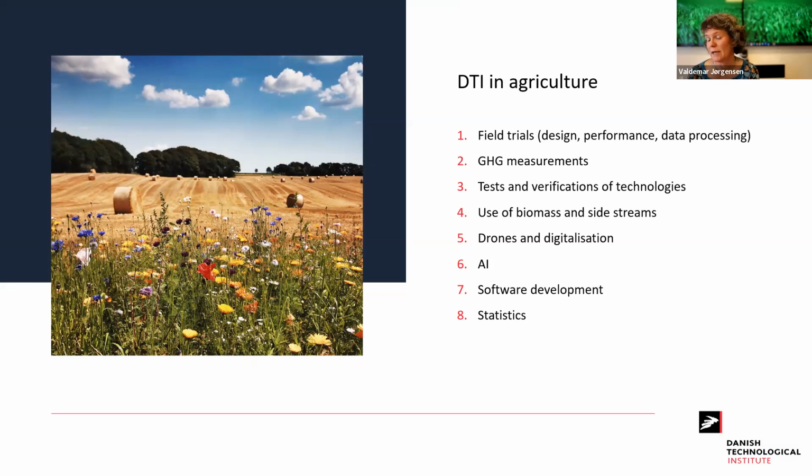We test and verify technologies, all different kinds, and in our research and development projects, we are very occupied with biomasses and the optimal use of side streams. Drones, digitalization, that's a difficult word for a Dane, and our AI, the other way around, is coming up really big now. And we also have specialists in software development and statistics.